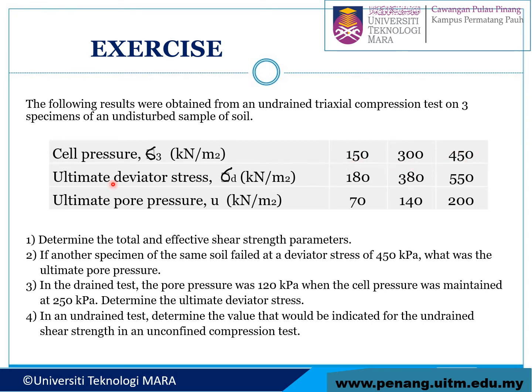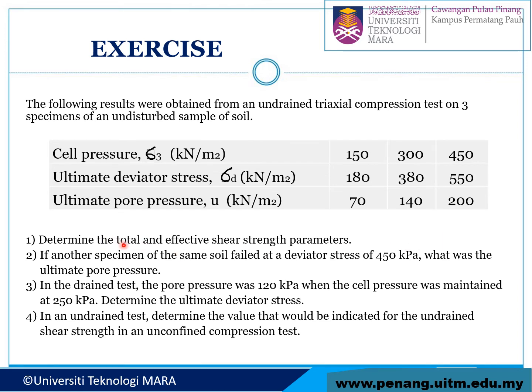Ultimate deviator stress is the axial stress that we apply at the top. After failure we get 180, 380 and 550. The ultimate pore pressure is taken from the test: 70, 140 and 200.